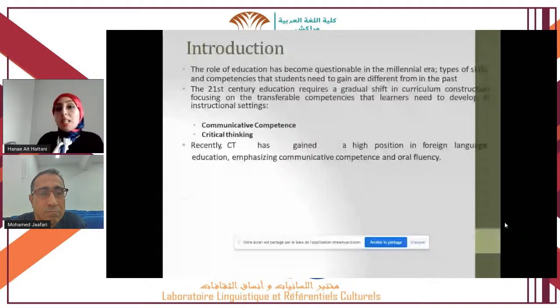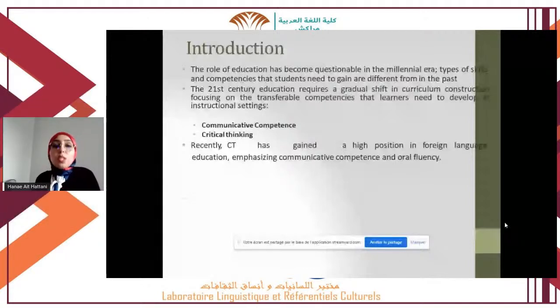More than that, they need to be creative and active in the production of their own thoughts and ideas. As I said before, learners must not be just mere and passive recipients of knowledge, but are required to be active and creative producers of their own knowledge. And this is what critical thinking is about.